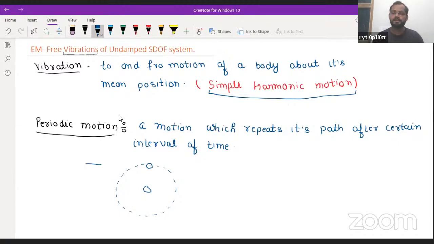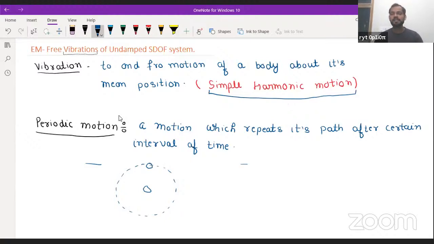But for example, we are considering that Earth is performing this type of motion, and after each 365 days, it repeats its path. Because it is repeating its path after a certain interval of time, that is 365 days, we can say that it is a periodic motion.